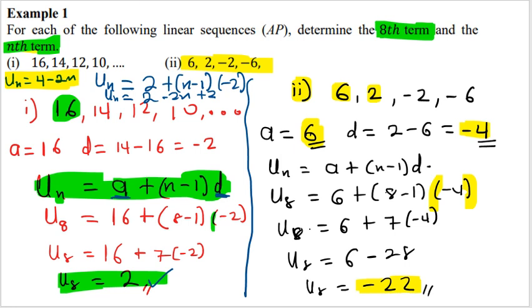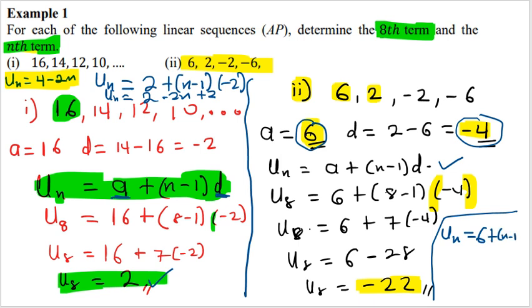Now we also need to find the general term, or the nth term. To find the nth term, substitute A, which is 6, and D, which is negative 4, into the general term. So we have UN is equal to A, which is 6, plus n minus 1 multiplying by D, which is negative 4.